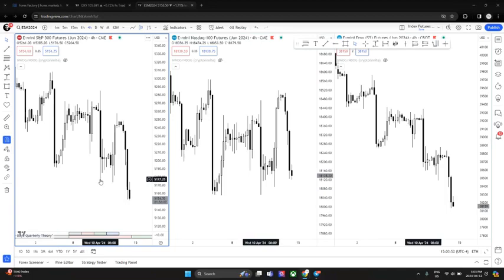Here at this low, we had sequential SMT. Price traded up. Then what happened? We had the Nasdaq take out the high. Remember, when you trade and you enter where you have sequential SMT, you exit where you have sequential SMT. There are two types of ways to enter and two types of ways to exit.